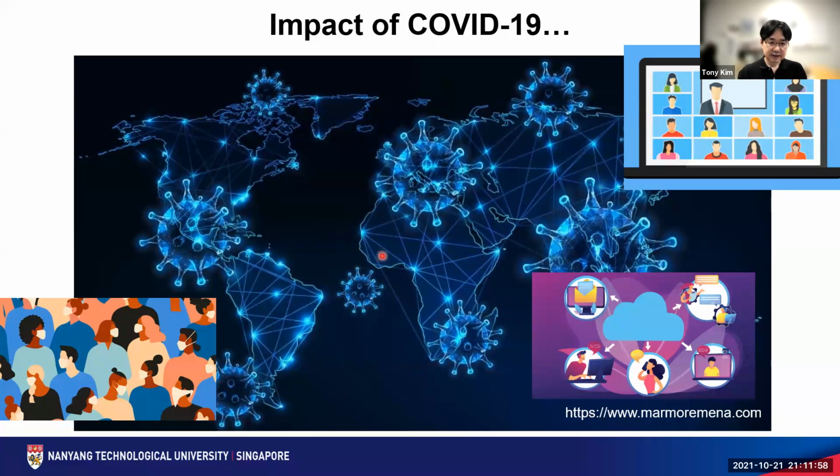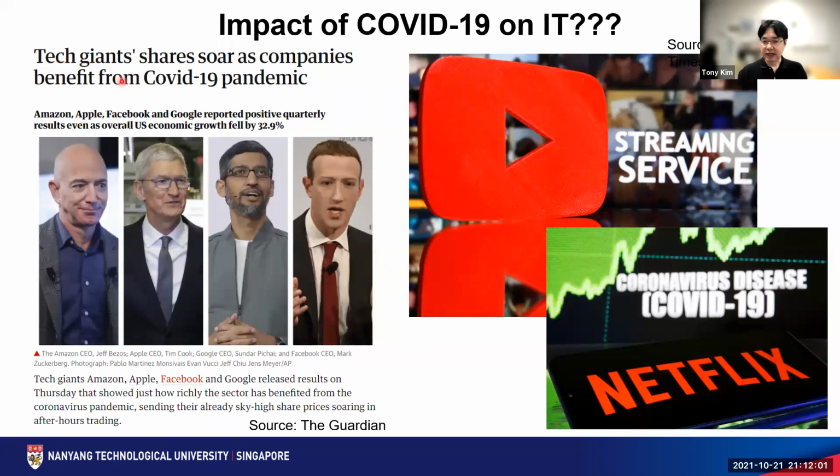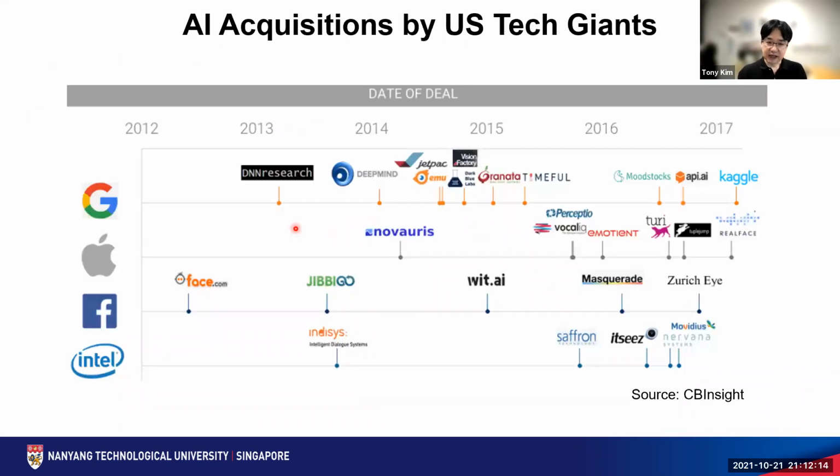Because of that, many tech giant companies have made huge amount of money over this COVID pandemic period. And they also recognize that artificial intelligence and machine learning are key future technologies. So Google, Apple, Facebook, Intel, they have acquired many different artificial intelligence startups over the last 5 to 10 years. So this one is showing the significance of the artificial intelligence in our future generation.